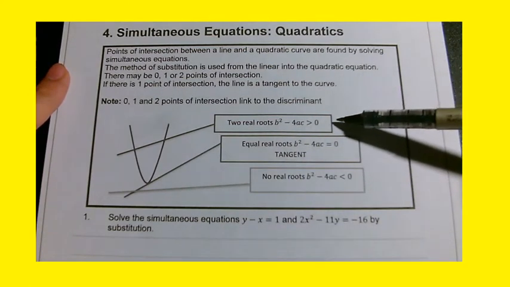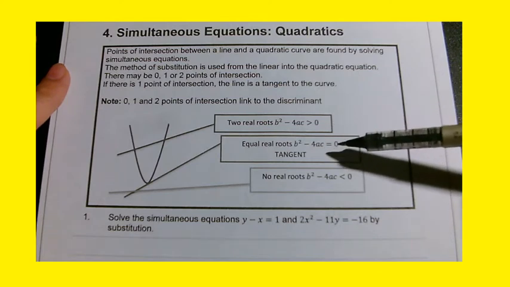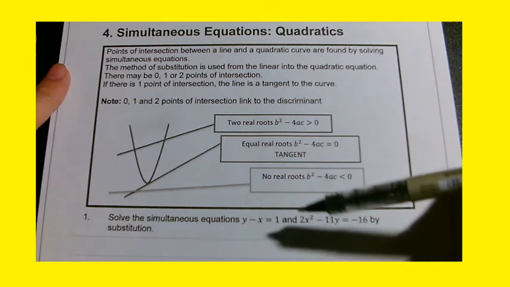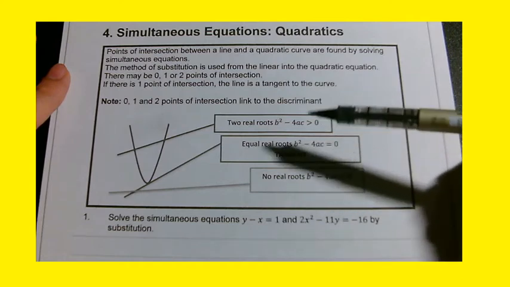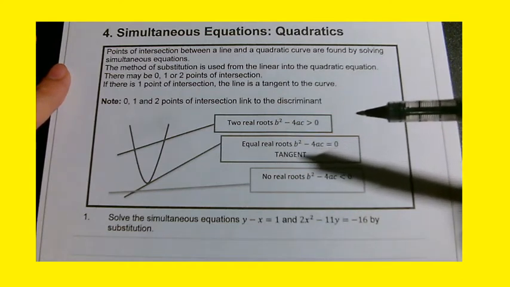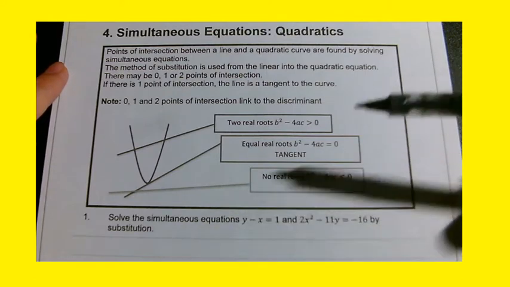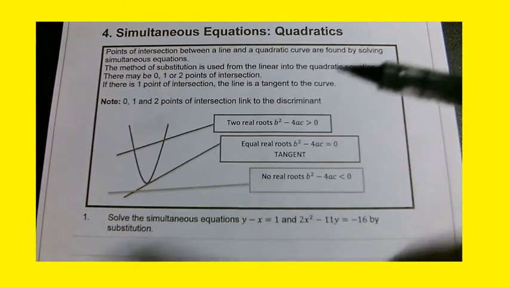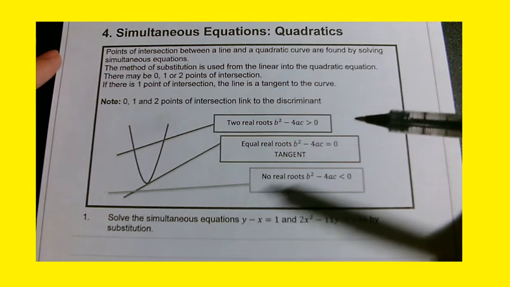We can actually apply the discriminant in this sort of working with simultaneous equations and quadratics to prove what kind of geometric relationship there is between the line and the quadratic.